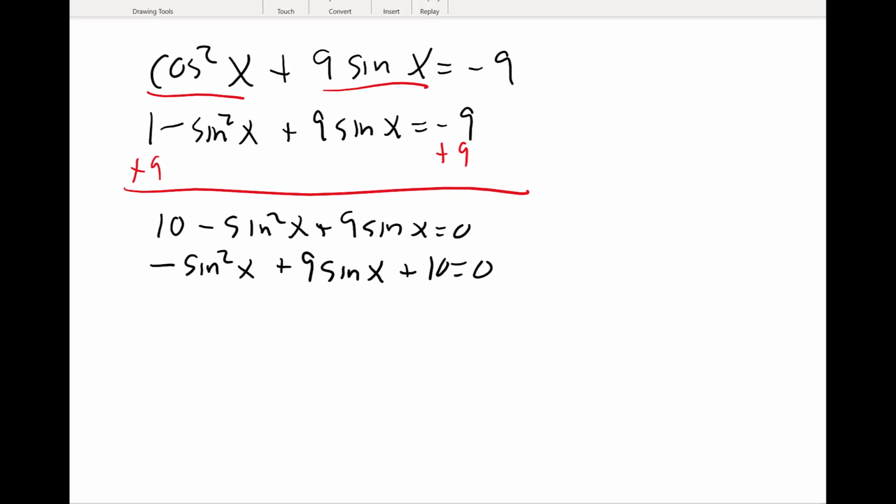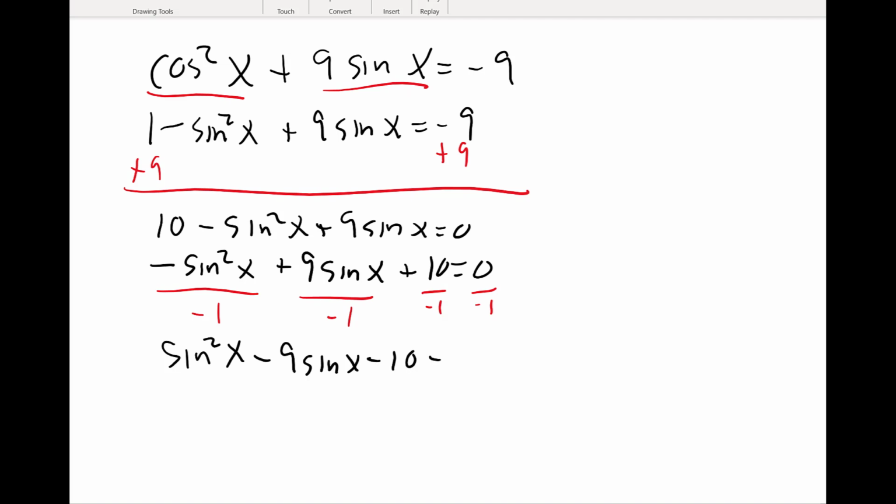And I don't like the looks of that, so I'm just going to divide everything by negative 1 to change the sign. And we have sine squared x minus 9 sine x minus 10 equals 0.